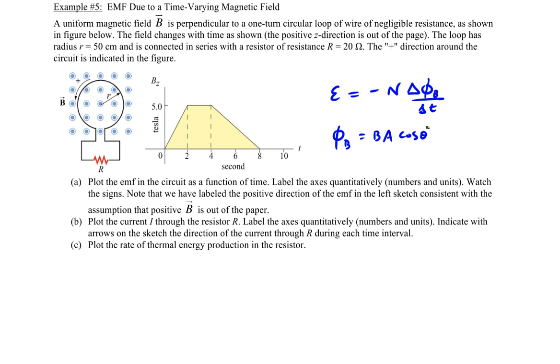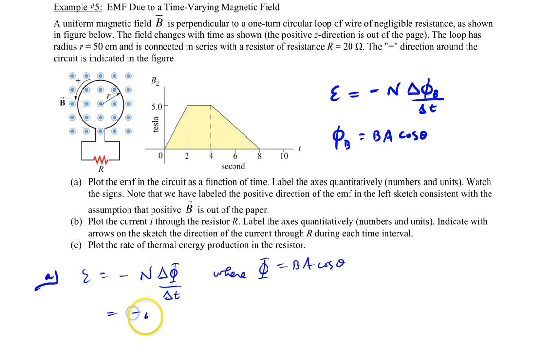So now, if we were to determine the general equation for the EMF induced, let's start off here with part A. The EMF is equal to negative N times the change in flux over the change in time, where the change in flux is equal to BA cos theta.